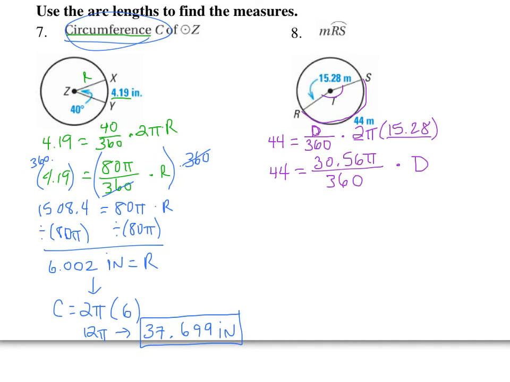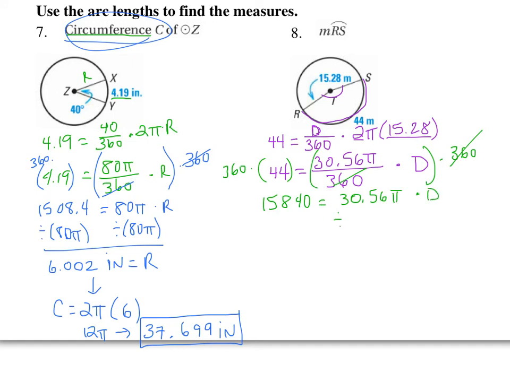So just like the last one, I want to get rid of this 360, so if I multiply both sides by 360, then that gets rid of that part of the fraction. So on the left side, I will have 15,840 equals 30.56 pi, and then times my d.